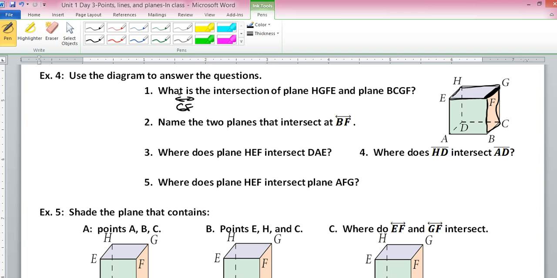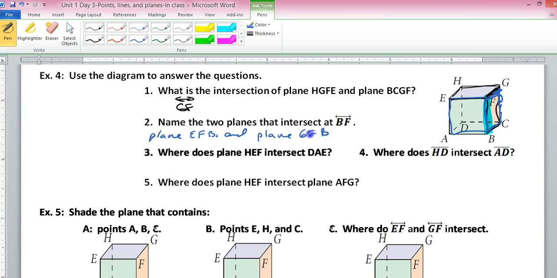Now, the next one, name the 2 planes that intersect at BF. If I look at BF, that is this side here, or line here. Well, if I look at the 2 sides, this side here we would name plane EFB, and the other one that intersects there would be this one here, which is plane GFB.